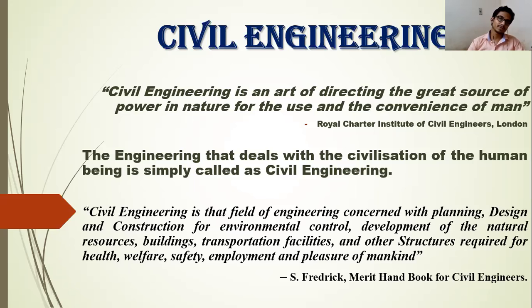The raw materials available in nature, we are just developing for our comfort, and then buildings, transportation facilities, and structures required for health, welfare, social safety, employment, and pleasure of mankind. So he included all the domains of civil engineering in his definition.